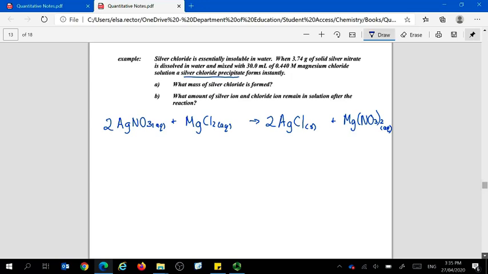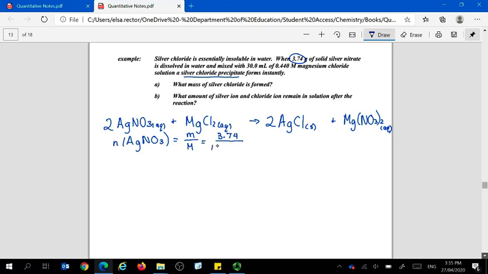Now we need to figure out how many moles we've got of each reactant so that we can find out which one we're limited by. Okay, so let's first calculate the number of moles of silver nitrate. For silver nitrate, we are given the mass, 3.74 grams. So let's do the mass divided by the molar mass. 3.74 divided by the molar mass of silver nitrate.